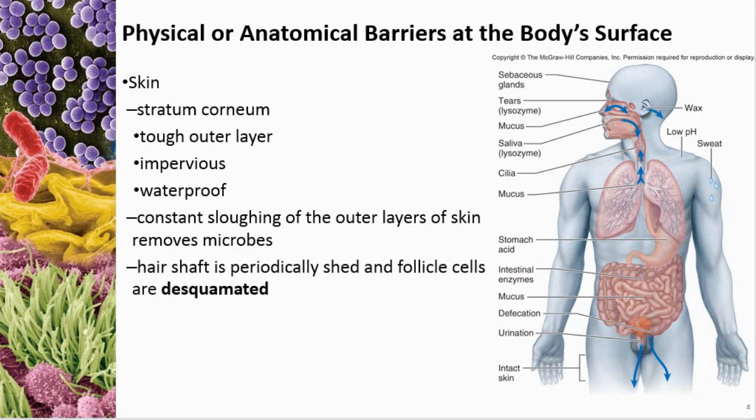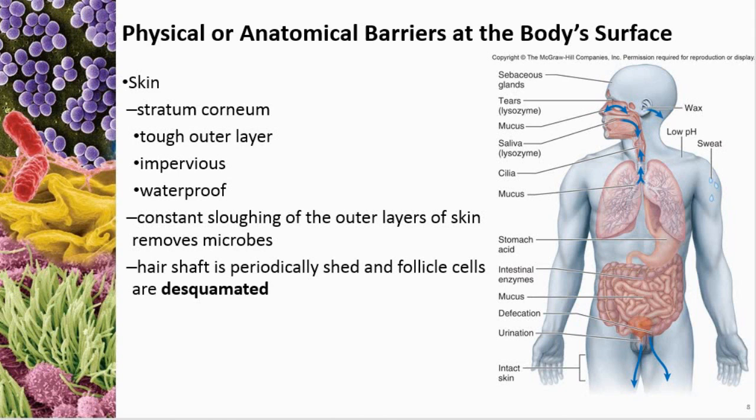And occasionally your hairs are periodically shed. And the term they use for this is desquamated. And so D means like opposite or against or something like that. Squam just means flat. So I'm not exactly sure where the translation comes from, but your cells of the epidermis become what are called squamous cells because they're flat.